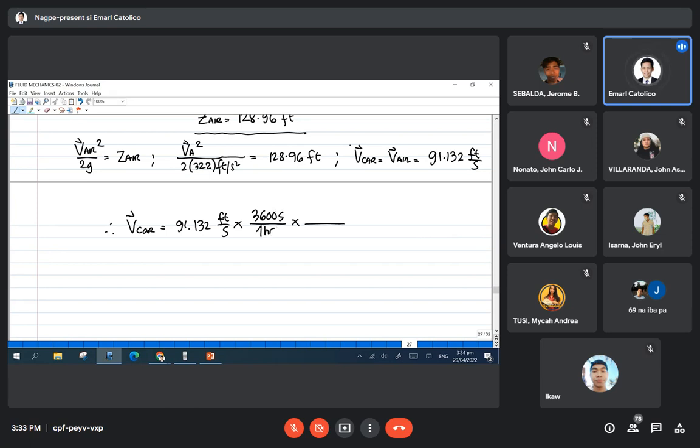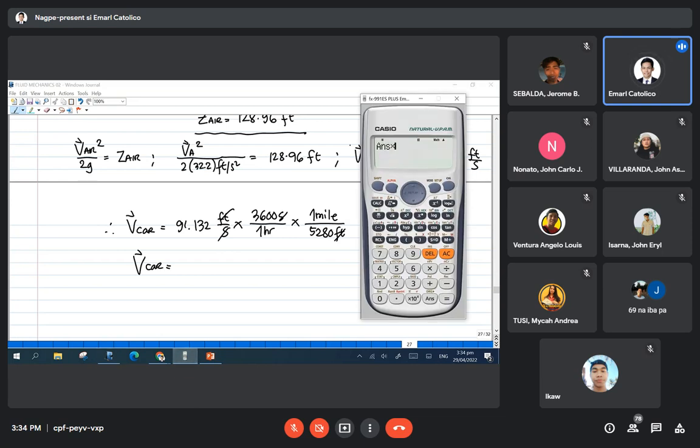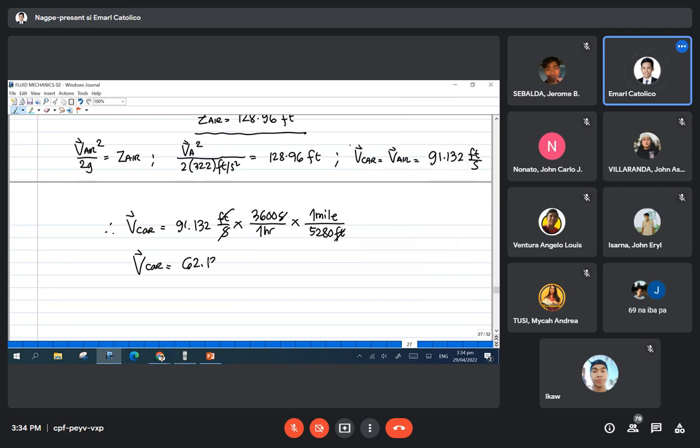Yung feet sa mile, 1 mile is yung statute nung gagamitin natin, 5280 feet. Yan. So, miles per hour na lang. Okay. Times 3600 divide 5280. So, 62.135 miles per hour.